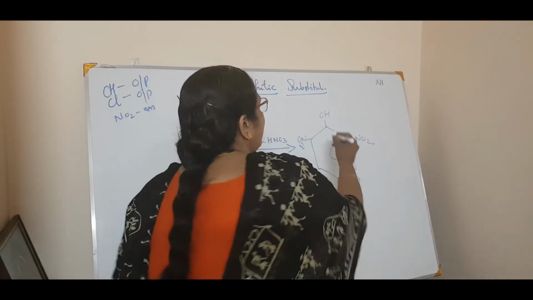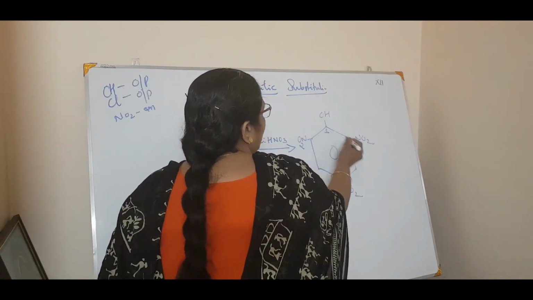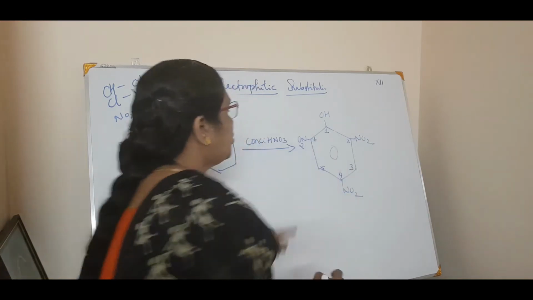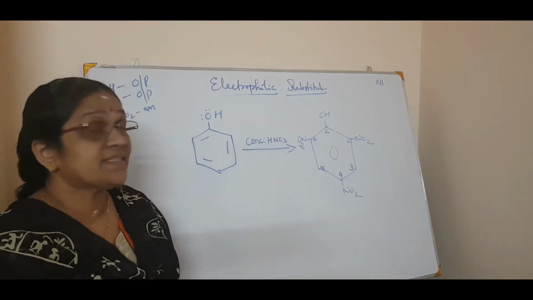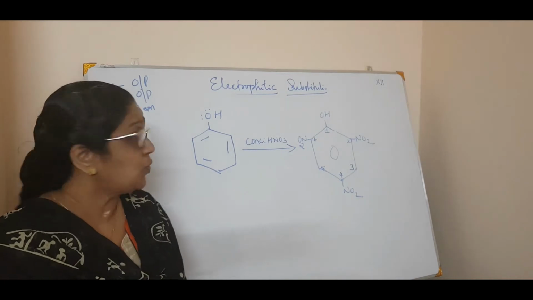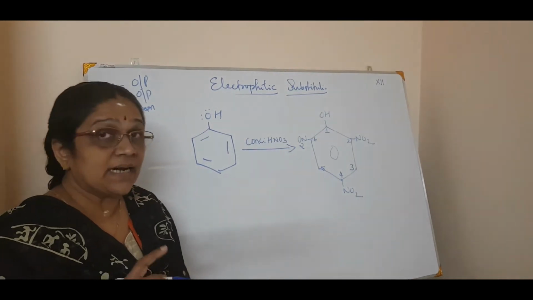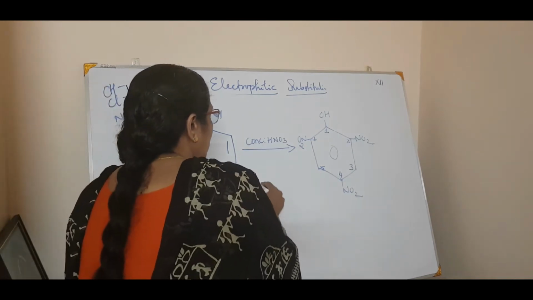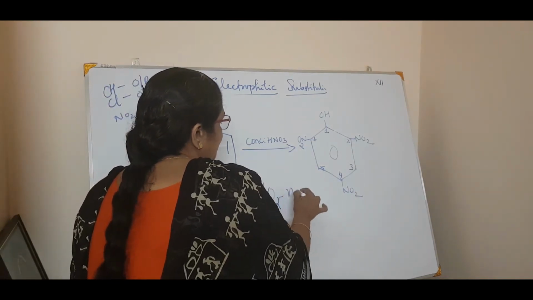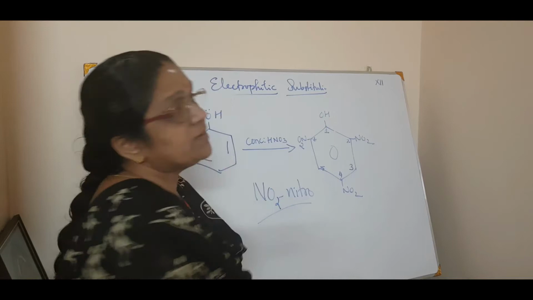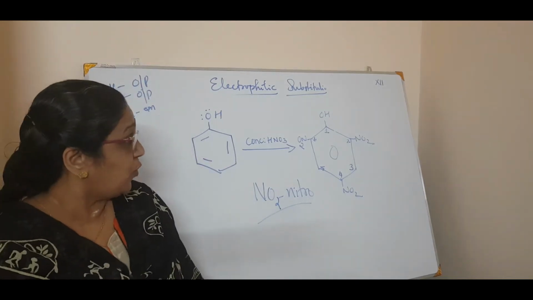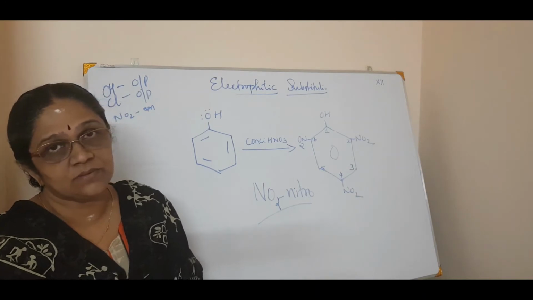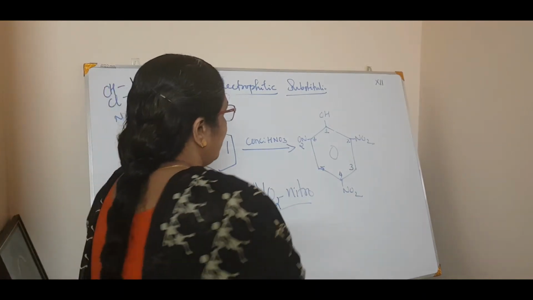If this carbon is named as 1, how will you name the compound? 2, 4, 6 trinitro, because there are 3 NO2 groups. NO2 group is called the nitro group. So 2,4,6 trinitrophenol.